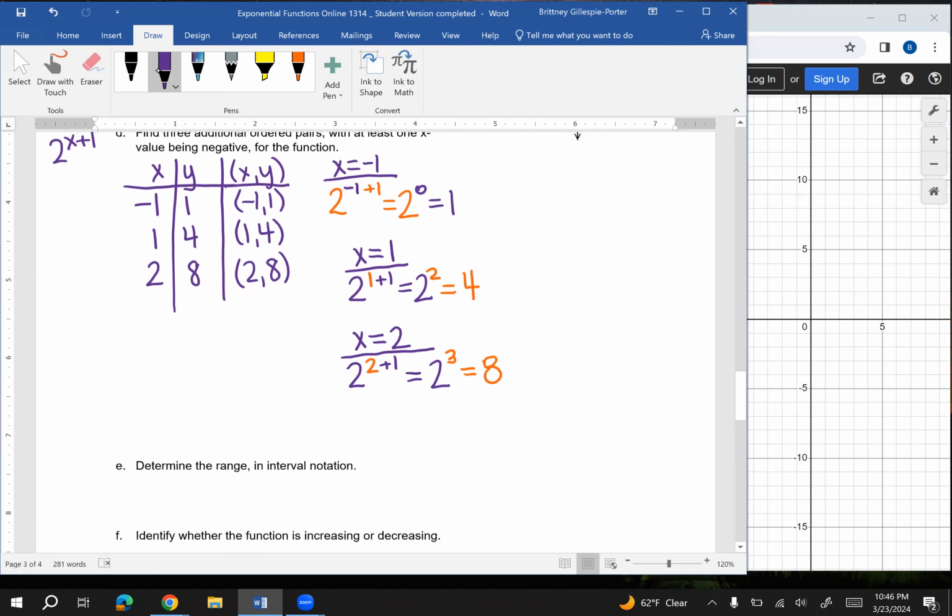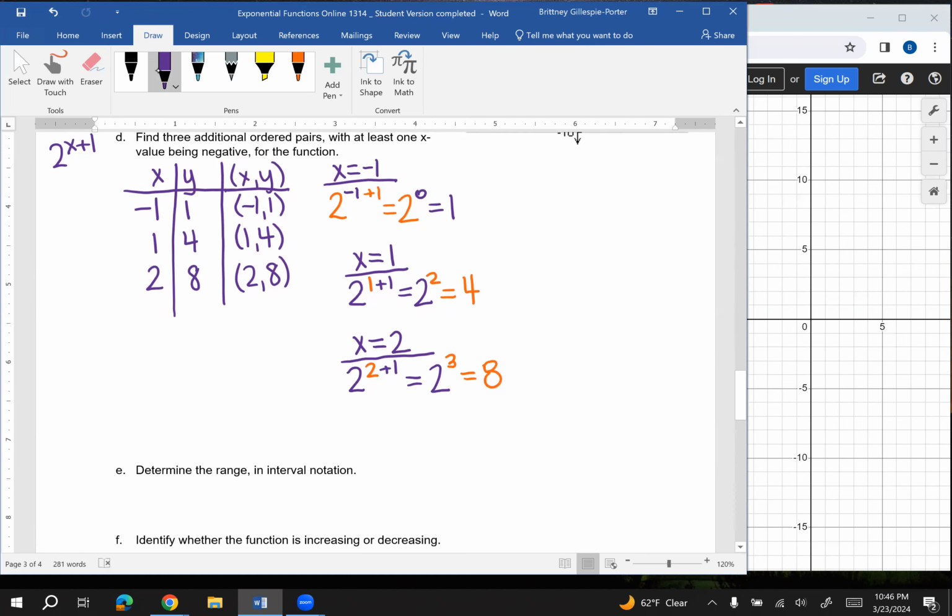All right, so when we're doing the range, I know if you watched our previous videos, we graphed it and tried to figure out what was going on. But remember, your range is always one of two options. It's either negative infinity to your horizontal asymptote, or it's your horizontal asymptote to positive infinity.